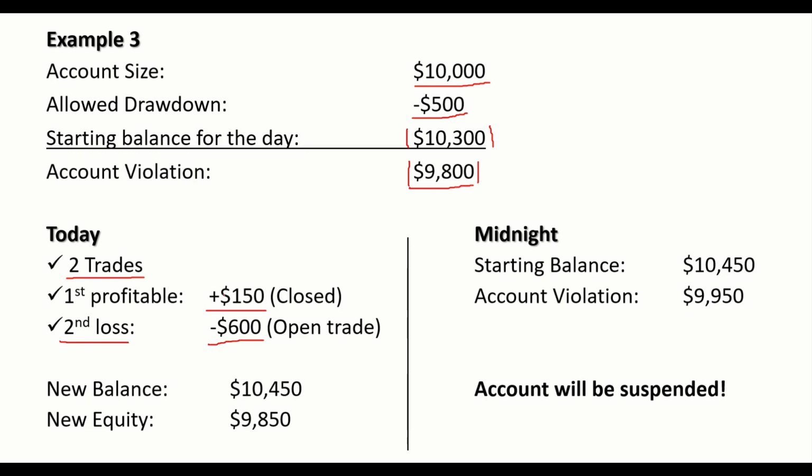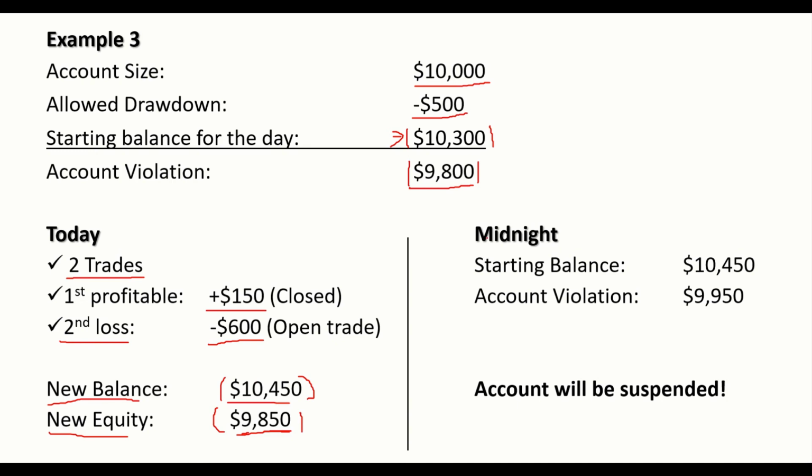So in this example, our new balance will be 10,300, this value here, plus this $150, and we get our new balance, 10,450. But our new equity will be 9,850. So this value here is still above the account violation equity, which is 9,800. So in this scenario, we are still good. Our account is still okay.